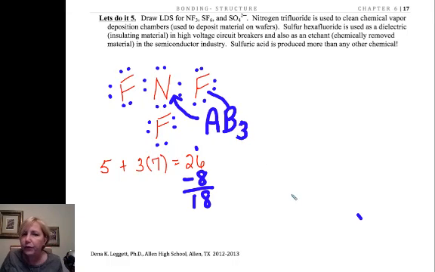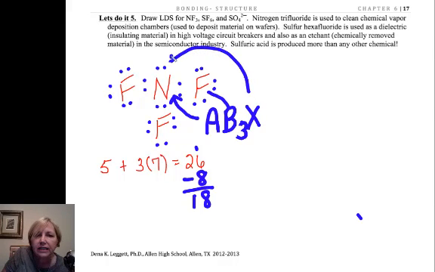I have 3 peripherals for 3 fluorines. Don't look at the bonds, look at the atoms hanging off. And then I have 1 non-bonded pair. The X stands for that 1 non-bonded pair. And we're going to call that an AB3X structure. It'll help us do some memorizing later on. So just hold that thought for now, okay?